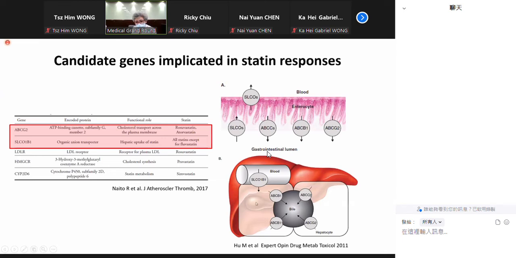So here you could see that the statin is carried by the SLCO transporter into the bloodstream, and then it goes into the liver to carry out its action by inhibiting the HMG CoA reductase, and therefore inhibits the intrahepatic synthesis of cholesterol, and therefore reduces the cholesterol level.